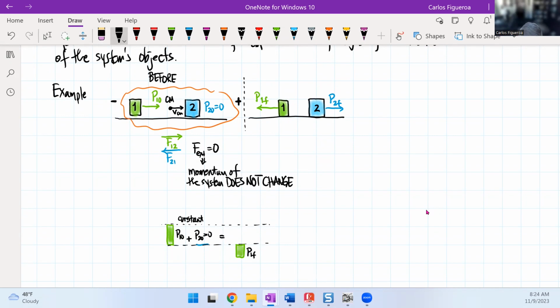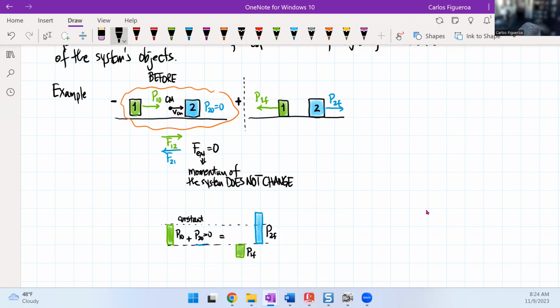So then P2 has to adjust himself to make sure that that's constant. So if this is negative, I now have to choose the momentum of 2. So the momentum of 2 is going to change its value in such a way that it does that.